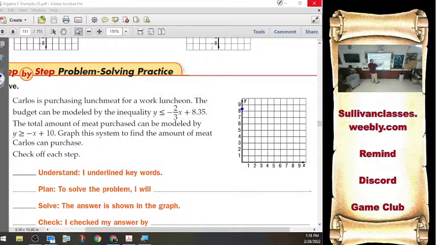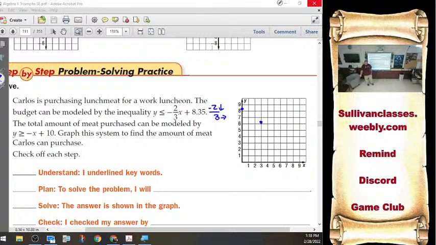So now, when this says down to right 3, where that dot is on the line, that's where all of your other dots are going to be on their lines. If I go down 1, 2, over 1, 2, 3, it's going to be up at 6.35.